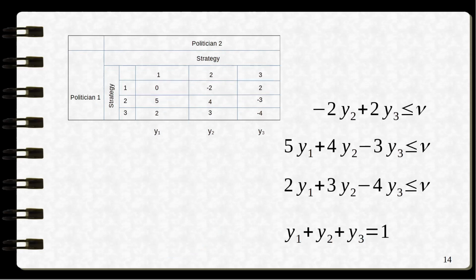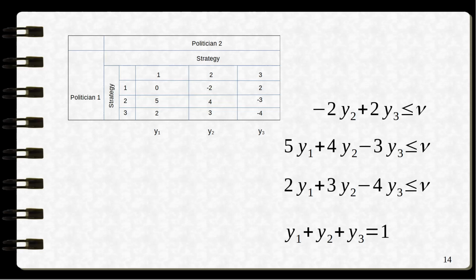Well, in this case, as you can see on the right hand side, the equations are written where y1, y2, and y3 are the probabilities and nu is the payoff. Now, in this mixed strategy where probabilities have been assigned to each and every strategy, let us say nu is the payoff and it is the optimal payoff, right?